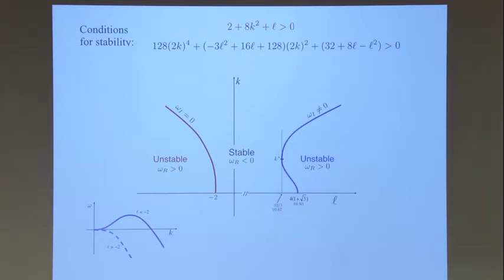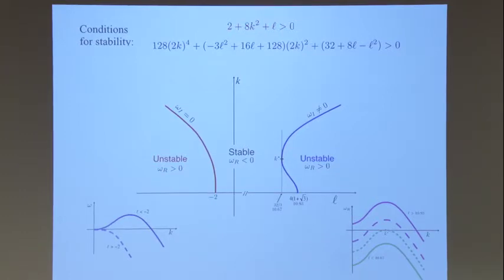Since there is a range, the flame is unstable. On the other side, it's a slightly different look of the growth rate as a function of k, but basically there is a critical L above which there is a range of wave numbers which are unstable. So in short, the flames are stable when the Lewis number is near 1, but become unstable when Lewis number is less than 1 or sufficiently bigger than 1.